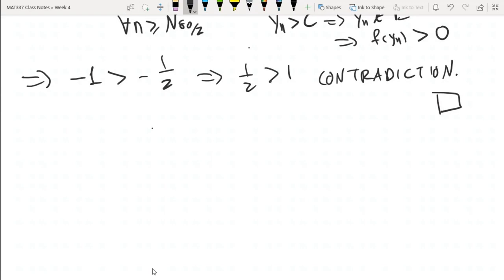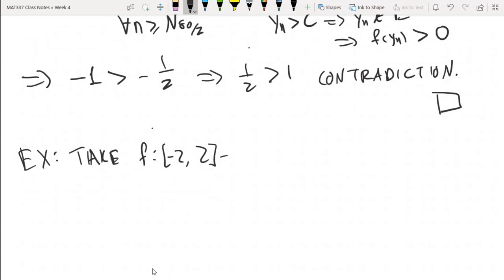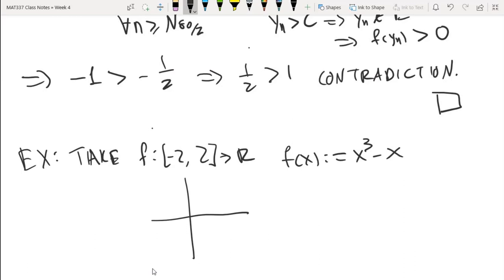Right, so what's the example? Right, let's do that example. Take the function, define f of x as x cubed minus x. So this guy is negative.